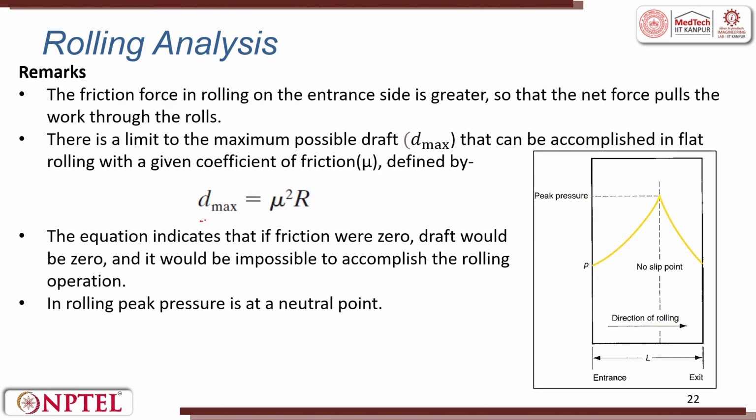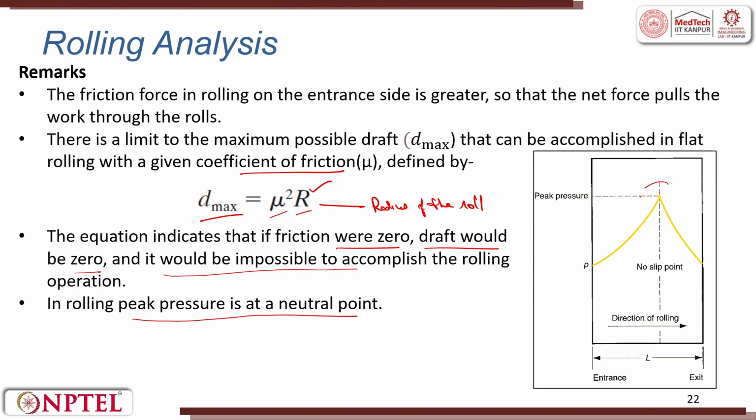Also, there is a maximum possible draft equation, which is equal to mu squared R. Here mu is the coefficient of friction and capital R is the radius of the roll. The equation indicates that if friction were 0, draft would be 0 and it would be impossible to accomplish the rolling operation. The rolling peak pressure is at the neutral point. This is already discussed here.